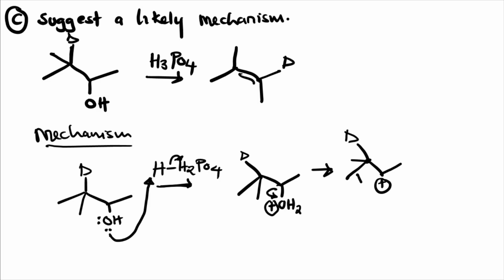So this methyl is going to shift to this carbocation. So the compound that you're going to end up having is this one here. The carbocation will move here. This methyl shifted here, which is this methyl here, and the carbocation which was here shifted to there.